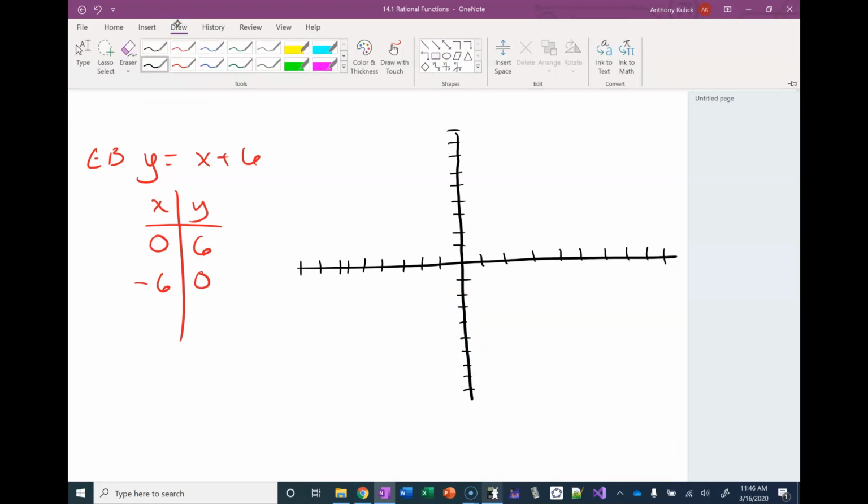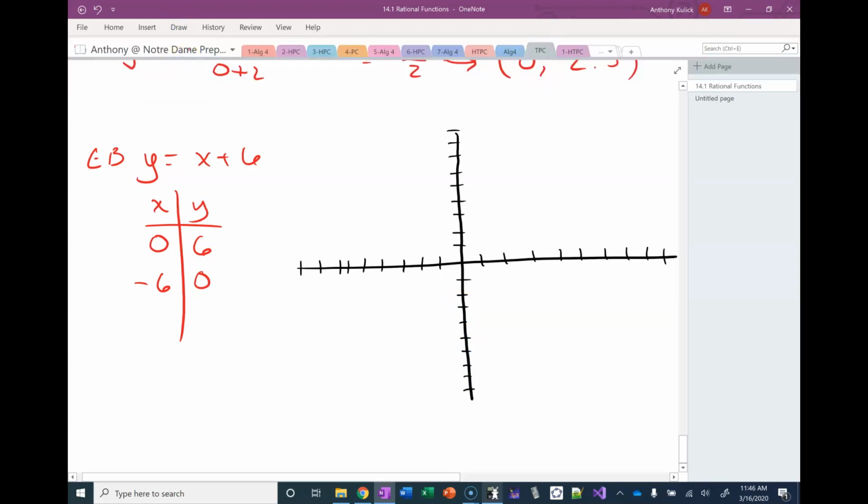So first thing I'll do is draw in my vertical asymptote here at x equals -2. Next thing I'll do is draw in my end behavior. So my end behavior happens at (0, 6).